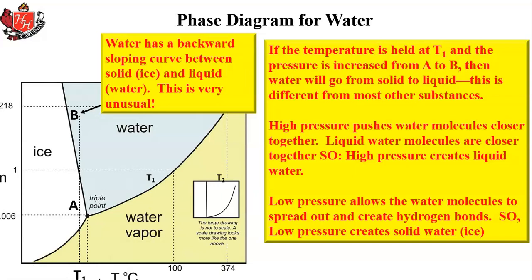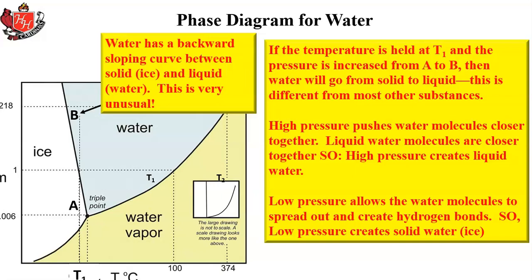Why is that? It's very unusual, and this could be something they ask you on the AP exam. So let's read over here on the right. If the temperature is held at T1 and the pressure is increased from A to B, then water will go from solid to liquid. This is different from most other substances. High pressure pushes water molecules closer together.